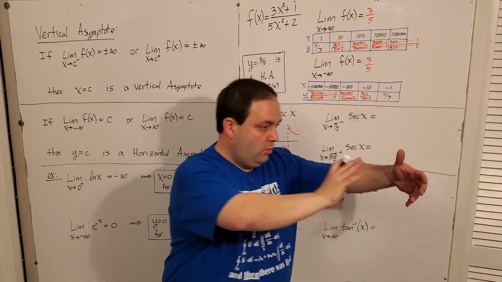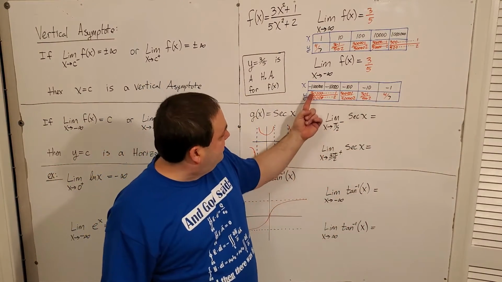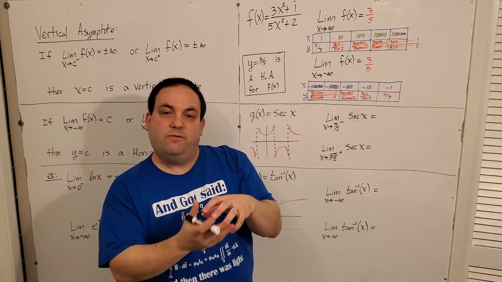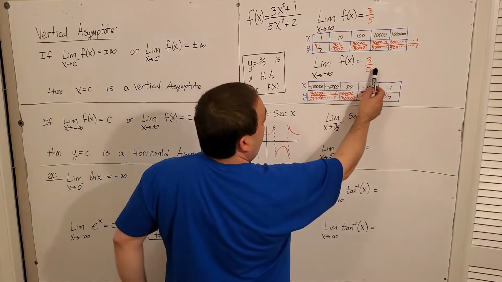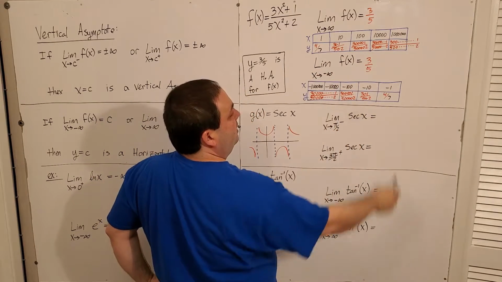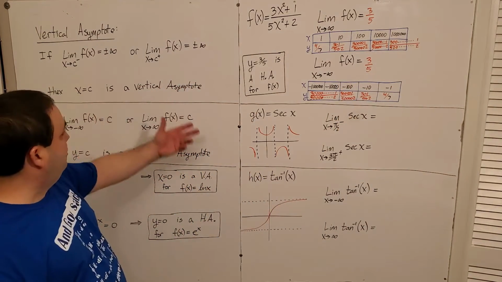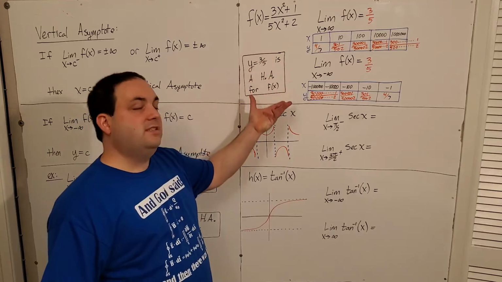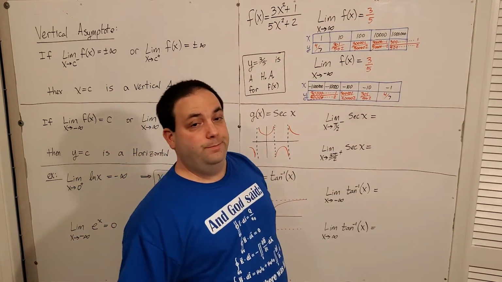The more zeros is the more stuffing that you have in between those digits, and you can see the 3/5 literally just fall right out of that pattern. So this is how we discuss that pattern: the limit as x goes to negative infinity of the function is 3/5. So by definition, y equals 3/5 is a horizontal asymptote on both sides for this function.